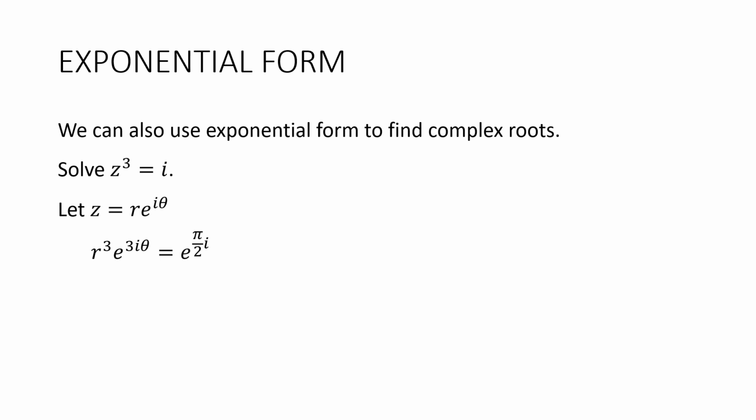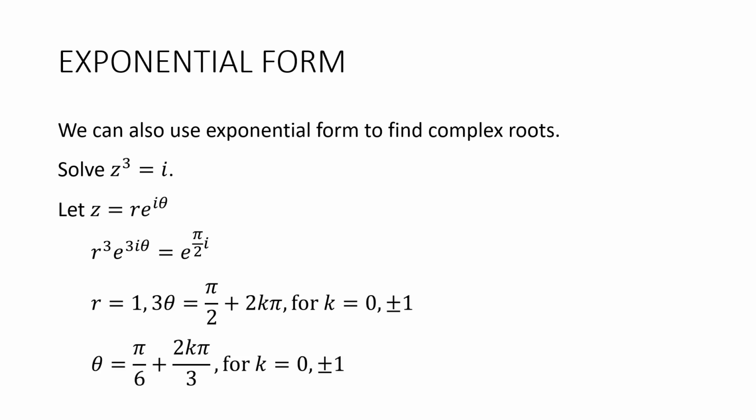So r is obviously equal to 1, and 3 theta is going to be equal to pi on 2 plus 2k pi, for k equal to 0 or plus or minus 1. And dividing through by 3, theta is equal to pi on 6 plus 2k pi all over 3.